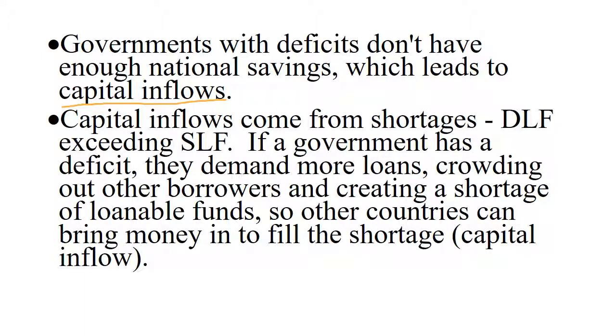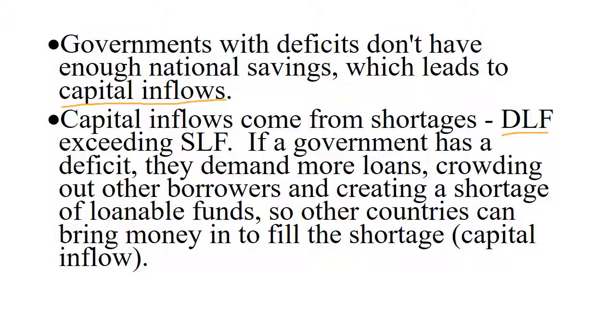So in places that have shortages, the demand for loanable funds exceeds the supply for loanable funds. People from other countries can come in and fill that gap. Now, we know that if the government has a deficit, that will shift demand for loanable funds. And when they take up a lot more of those loanable funds, that creates something called crowding out, where there's fewer loanable funds available for everybody else.